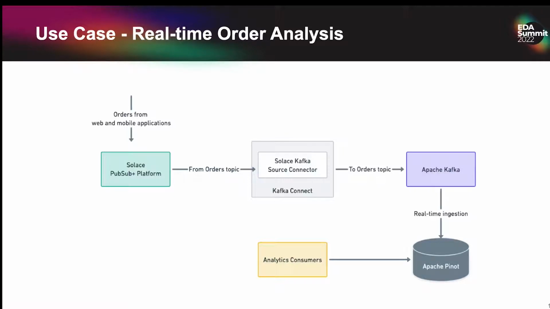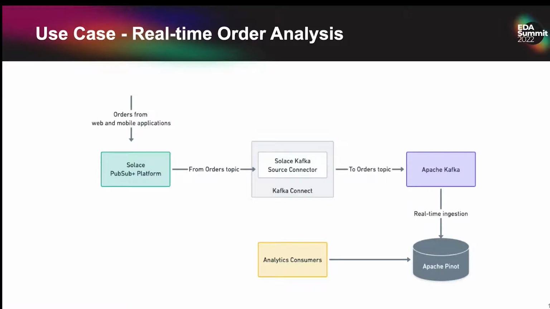So Apache Pinot can be configured to ingest orders from the orders Kafka topic, and whenever new orders come in, they will be made available in Apache Pinot for query. And then finally, we can have analytics consuming applications and other users like data analysts query Apache Pinot with ultra low latency, while the data is still fresh. So that's about our end-to-end data analytics use case.